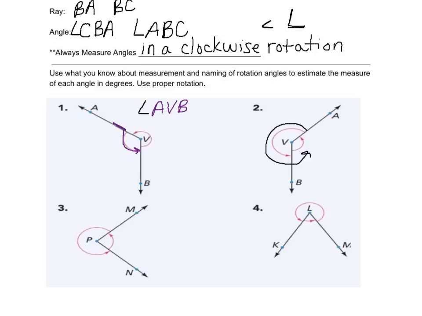What I see is that this is wider than a 90-degree angle, but if I were to draw in some extra lines and I were to make it straight, that would be 180.